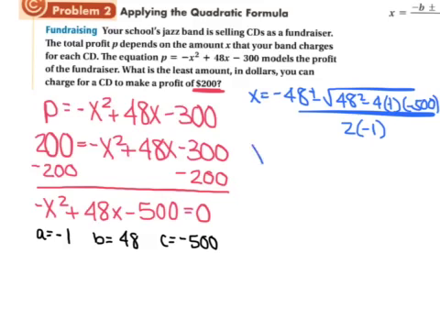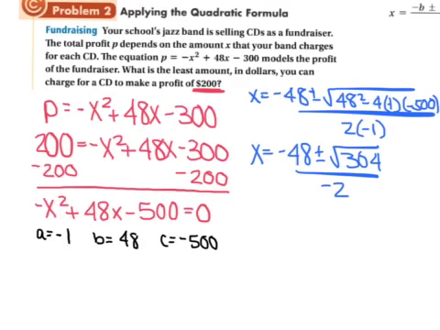You just have to write it as negative 48 plus or minus root 304 divided by negative 2. We'll get there, but you have to manually enter plus this, minus this in two different entries. For right now, all you want to simplify is that 48 squared minus 4 times negative 1 times negative 500.